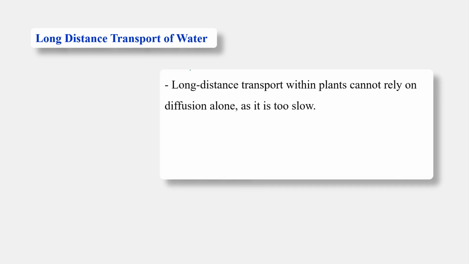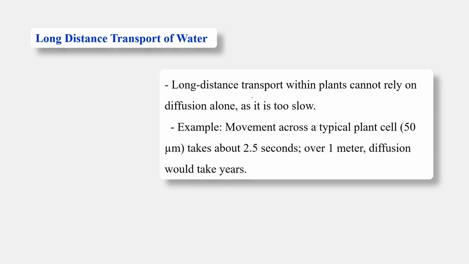Now, these are the methods for short distance transportation of water and nutrients. Now, let's discuss long distance transportation of water. Long distance transportation of water can't rely on diffusion, because diffusion is a slow process. Movement across a typical cell, which is 50 micron in size, through diffusion takes approximately 2.5 seconds.